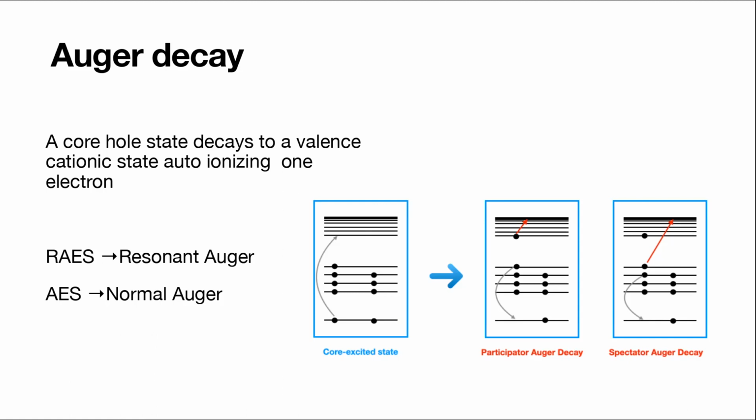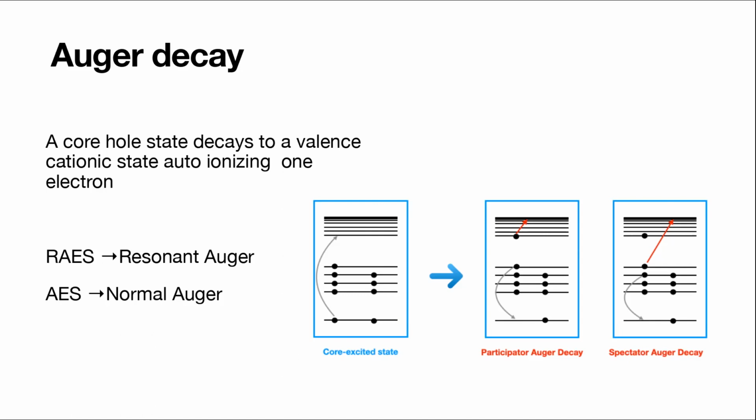So I'm illustrating here only the resonance case, right? So you promote this electron, so this electron is here, and you have two decay channels. In this panel here, the first decay channel would be the participator Auger, and the participator, as the name already says, this promoted electron will participate. So this would be the one ejected to the continuum.